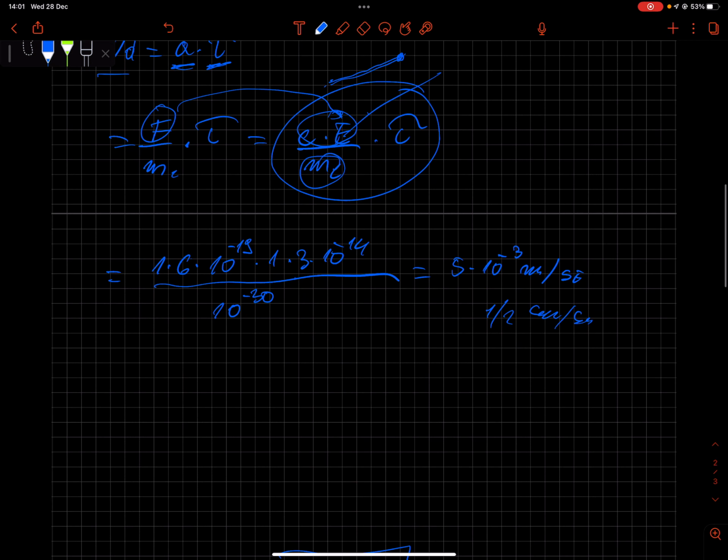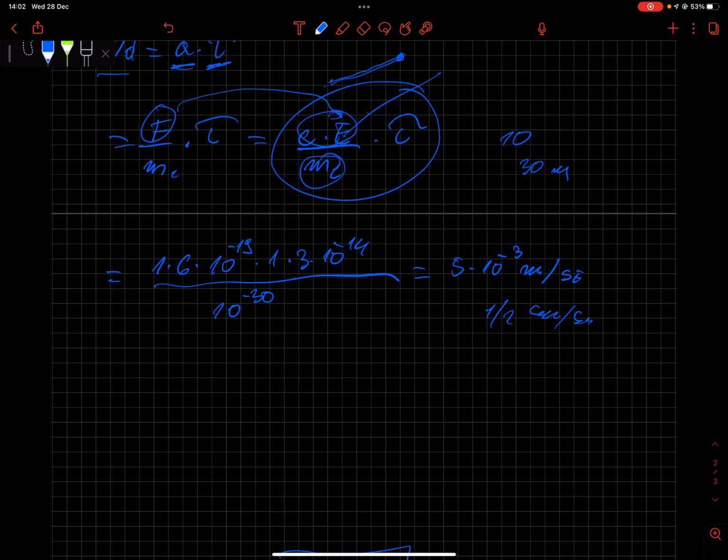And this is very slow. I think a snail or a turtle is faster than that. It's quite slow. So in this example, for a wire of 10 meters, it will take one electron about 30 minutes to travel from one end to the other.